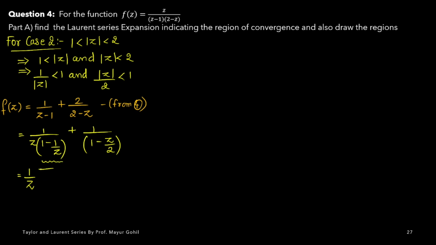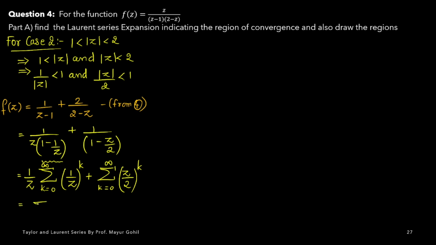So the summation here will be 1 upon z whole to the power k, k going from 0 to infinity. Now here you will have the same expansion as we had in case number 1. So it will be summation z upon 2 whole to the power k, k going from 0 to infinity.